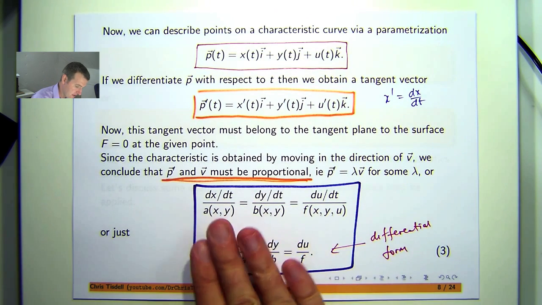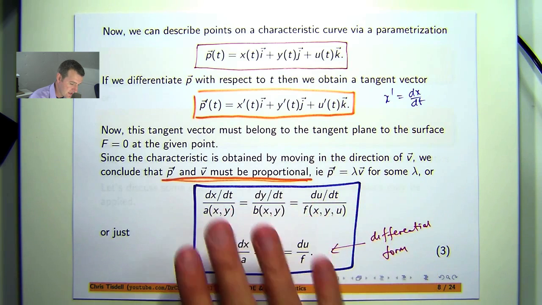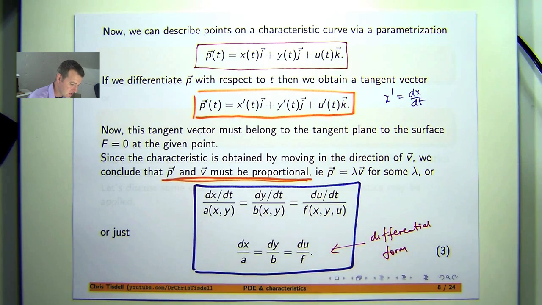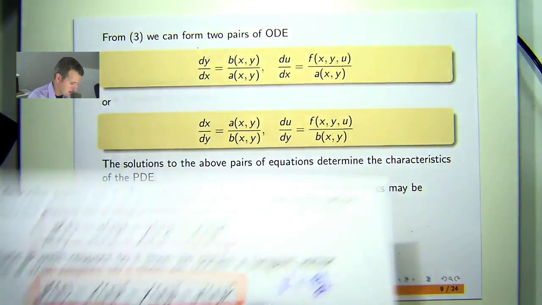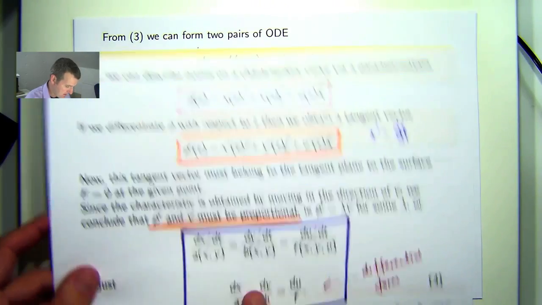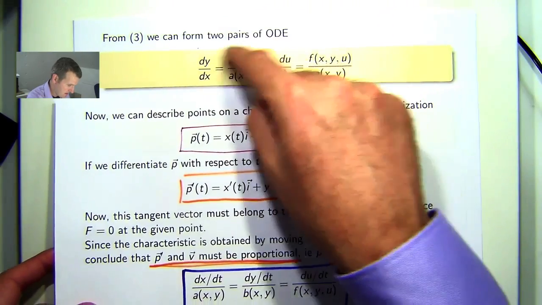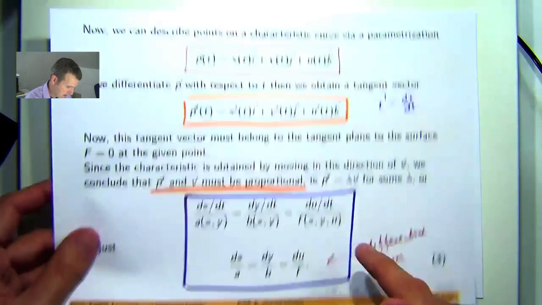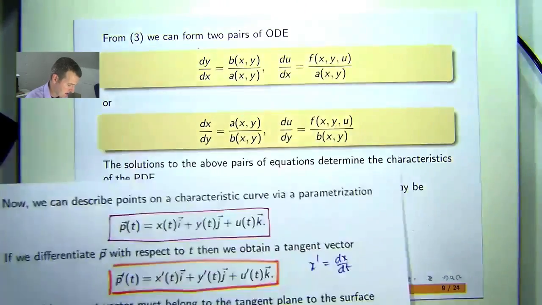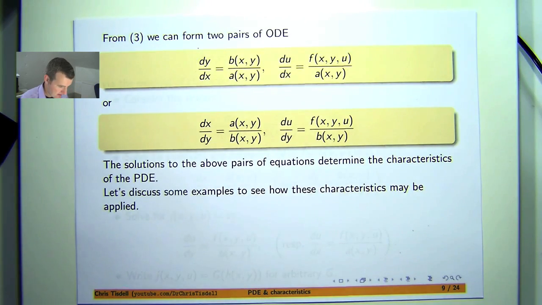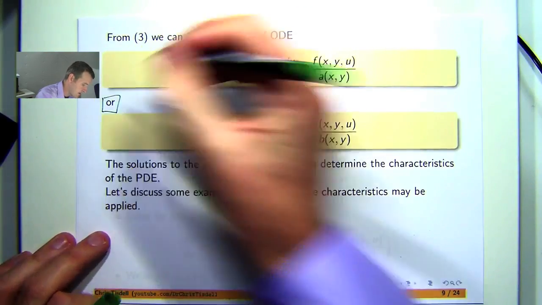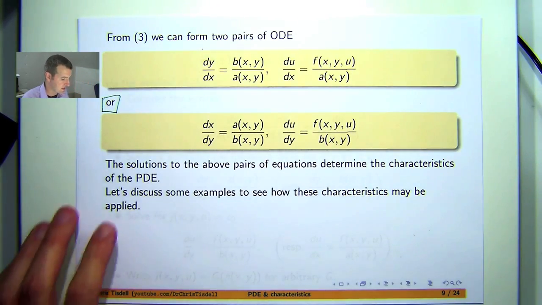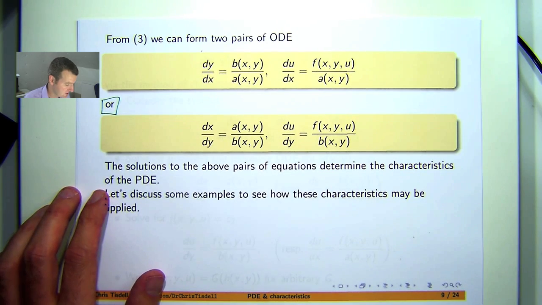Essentially what we're going to do is solve these problems by building 2 ordinary differential equations and then solving them. So if we combine this and this, we'll get that, and this, we'll get that. Or you can combine these. So the solutions to the above pairs of ODEs will determine the so-called characteristics of the PDE. And they're going to be useful to help us build the solution.